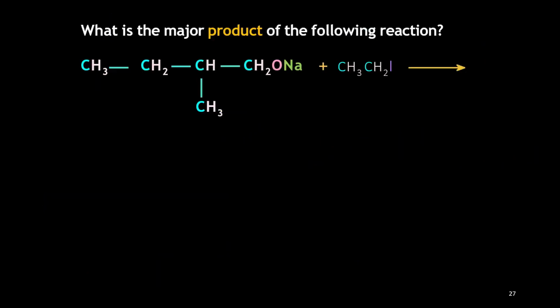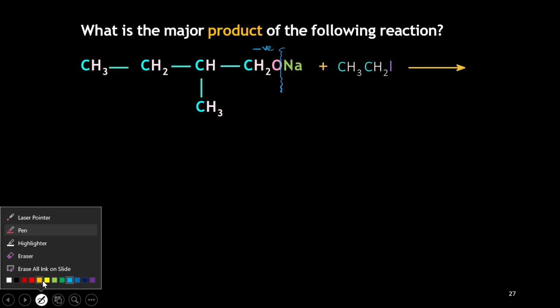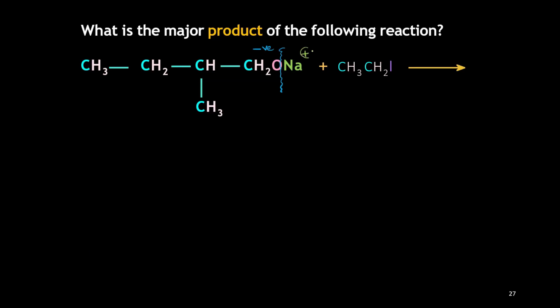So tell me, what will be the product that could form here? First, where will the bond breakage happen? The bond breakage will happen here. After the bond breaks, will this turn out positive or negative? Negative. This will be a negative charge, and this will be a positive charge. The bond will break here, so the carbon turns positive and the iodine turns negative. Now Na and I will join, and the carbon will join to this O. So remember, this will attach to the oxygen and the sodium will attach to the iodine.